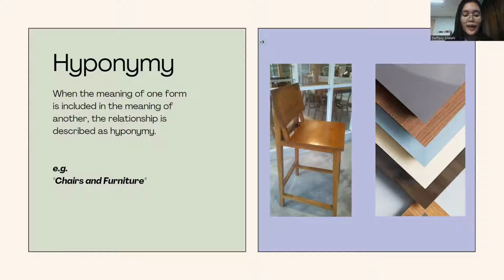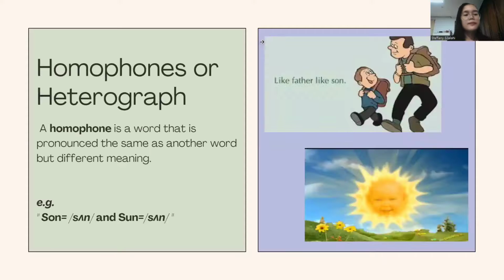As we know, a chair is an object used as a seat. Chairs are usually made of wood, but there are also chairs made of iron or plastic. So chair is one of the hyponyms of furniture.